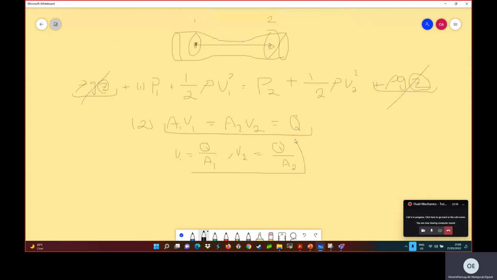Then you can substitute this here, once for V1 and once for V2.